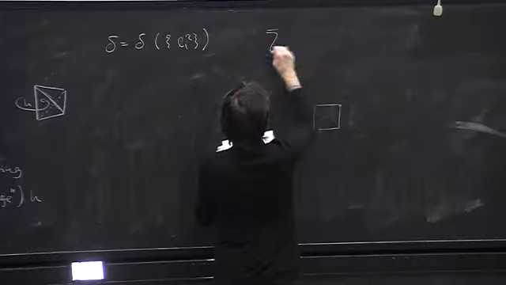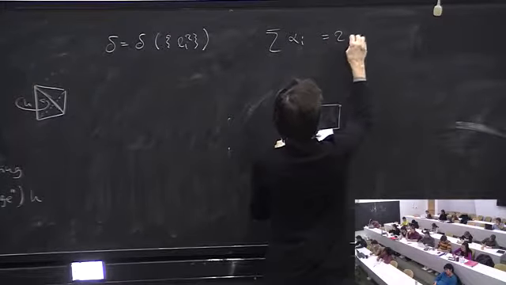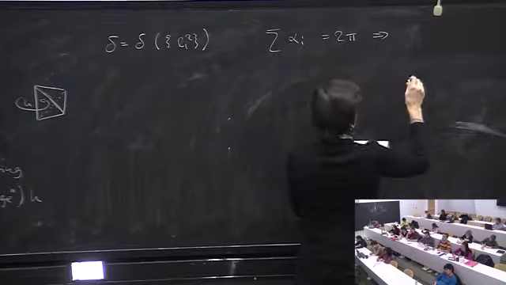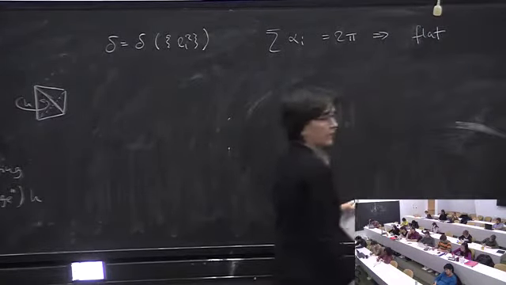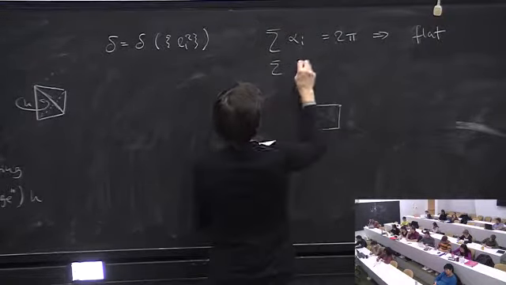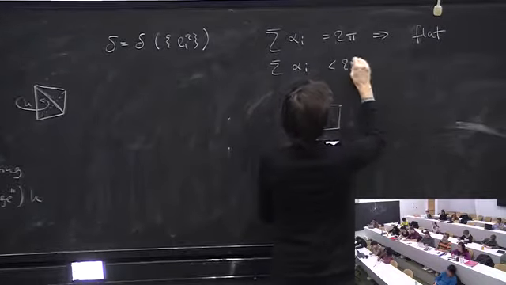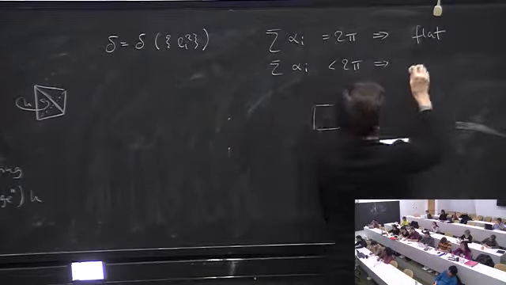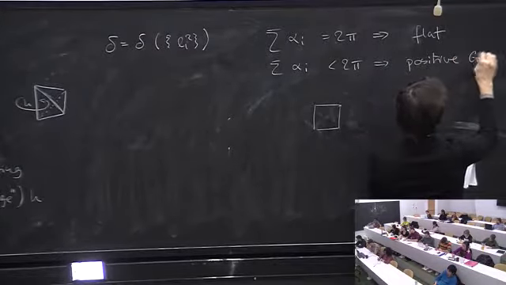So in the case that the sum over alpha_i is equal to 2 pi, then of course, locally, my space or my space-time is flat. If the sum over alpha_i is smaller than 2 pi, I obtain a positive Gaussian curvature.